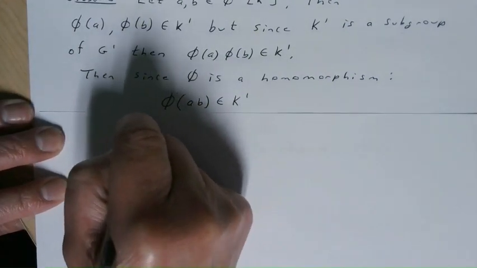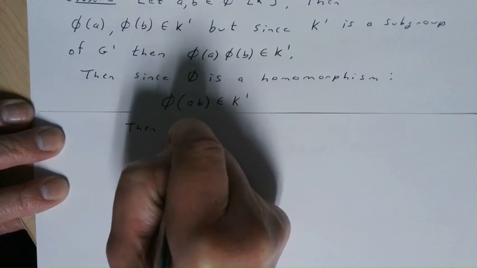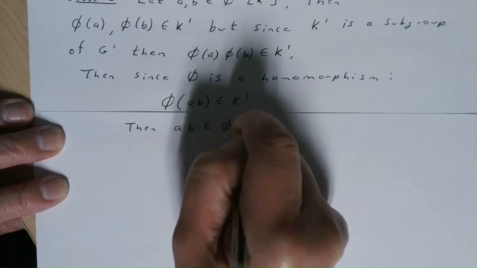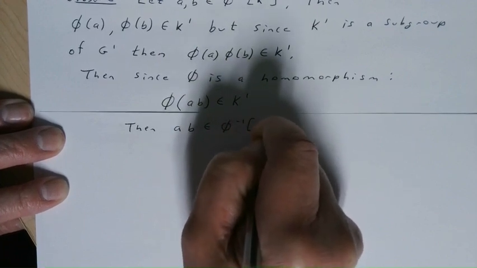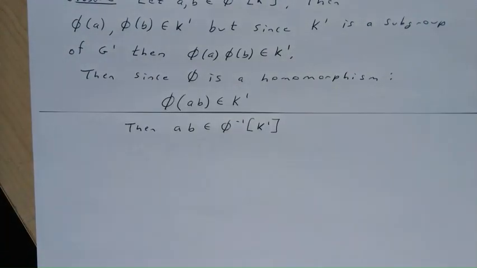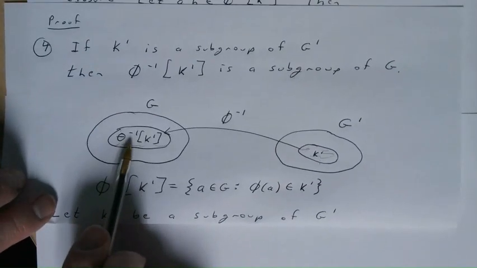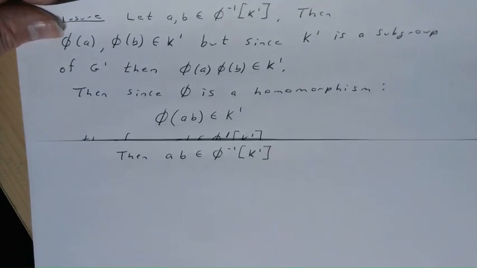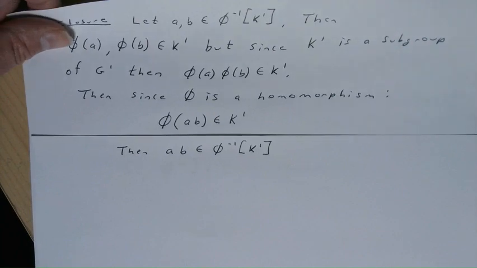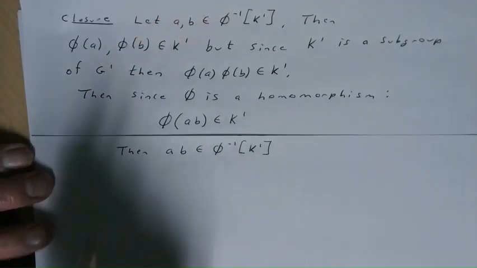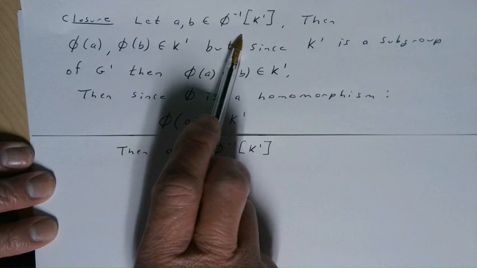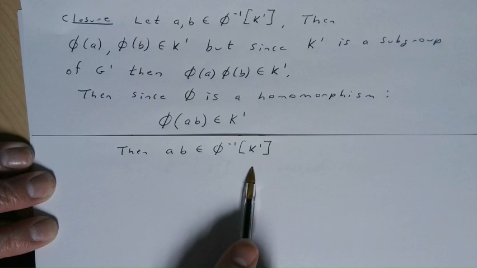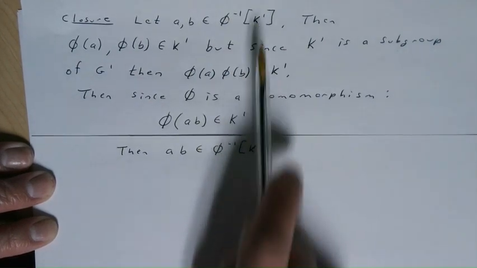So then AB is in phi inverse K prime, which again is this set right here. So think of what we did. We picked two typical elements in phi inverse K prime and proved that their product was in phi inverse K prime.